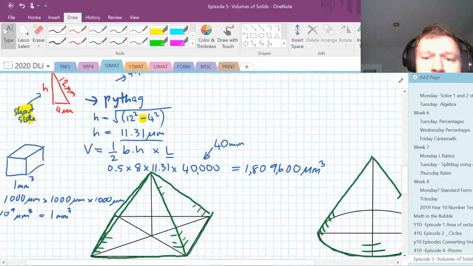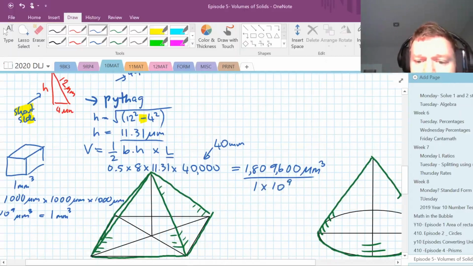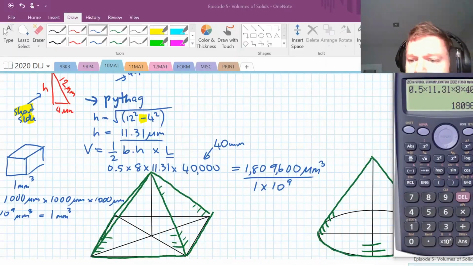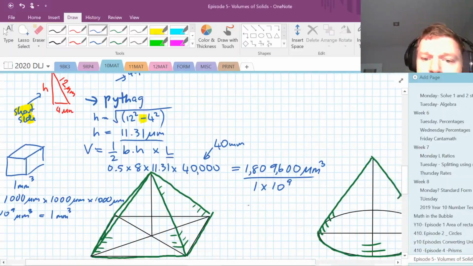So if we divided that by 1 times 10 to the 9, then we're going to get 0.0018 millimeters cubed.